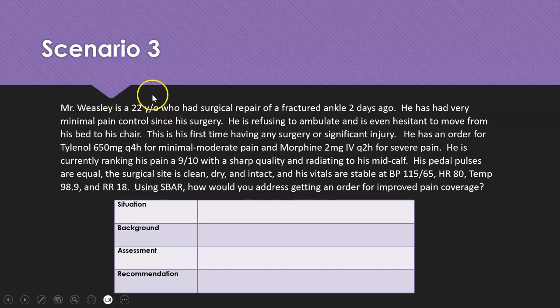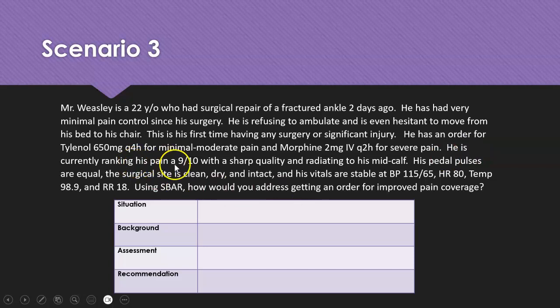So, 22, a young person who had surgical repair of a fractured ankle 2 days ago. Okay, he has had very minimal pain control since his surgery. He is refusing to ambulate and is even hesitant to move from his bed to his chair. This is his first time having any surgery. He has an order for Tylenol for minimal to moderate pain and morphine for severe pain.